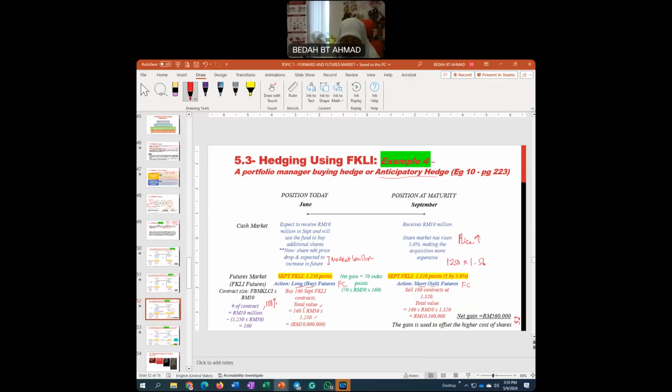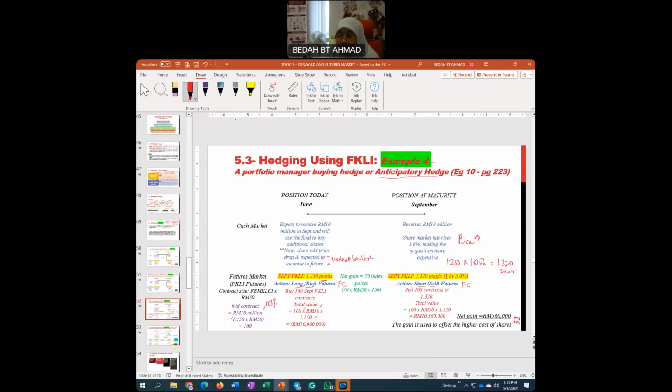So 5.6 divided by 100 plus 1 is 1.056. 1.056 multiplied by 1250 is 1320 points. The index is measured in points, index points. So 1320.